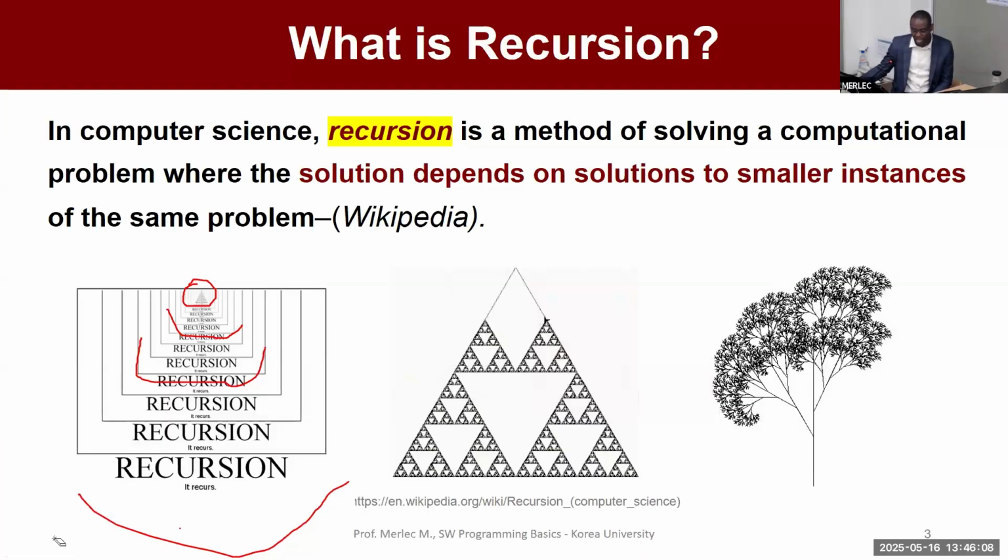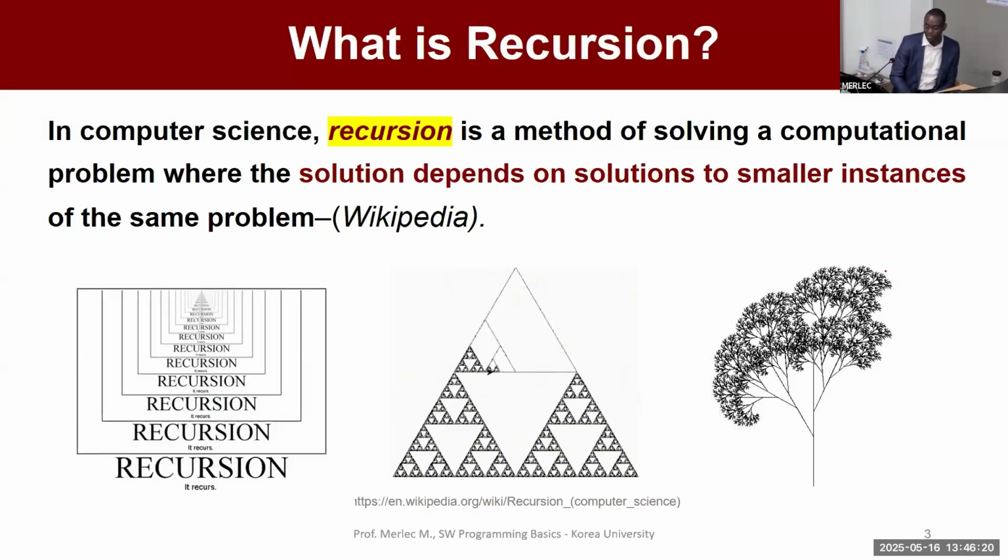But the big issue is how to find the relationship between those sub-problems in order to use the smaller instance of the problem to solve the bigger problem. Like here in the figure, in the middle, you have this triangle pattern. In order to draw such a triangle pattern, you have to combine several small triangles and repeat the same logic.